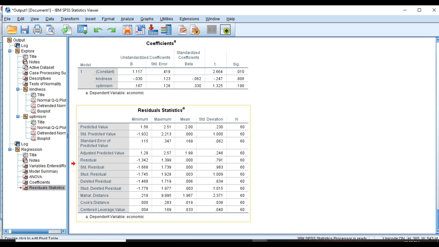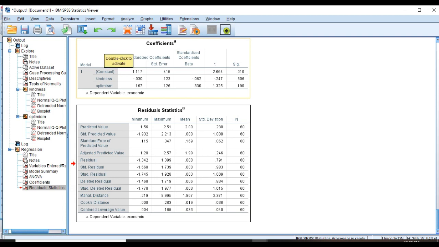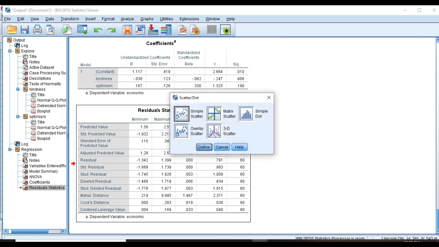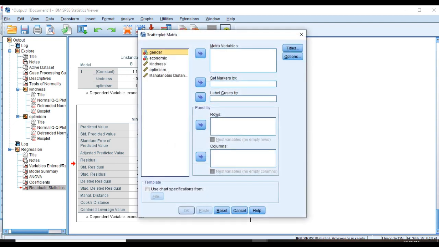The third assumption is to check the linear relationship between each pair of dependent variables across each level of the independent variable. So we'll do that using graphs. Go to Graphs, Legacy Dialogs, and Scatter/Dot, and then choose Matrix Scatter, and here click on Define.